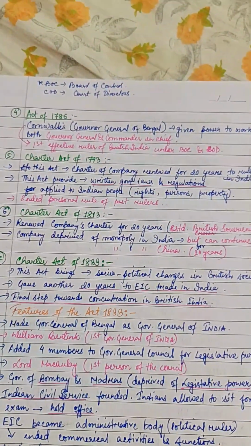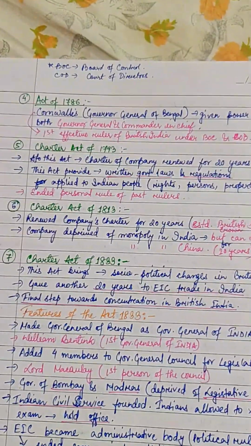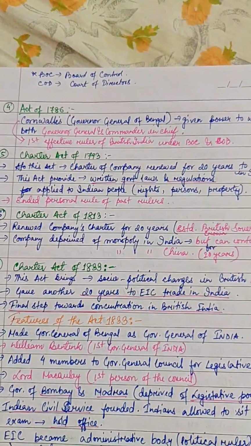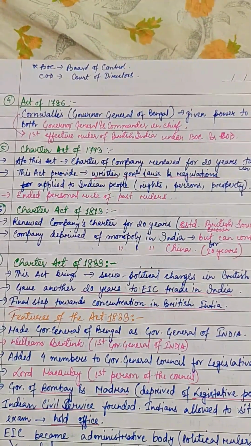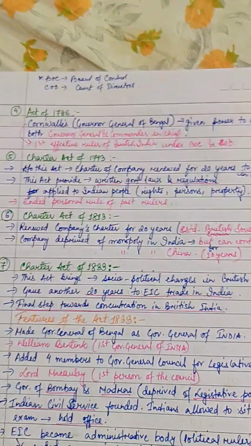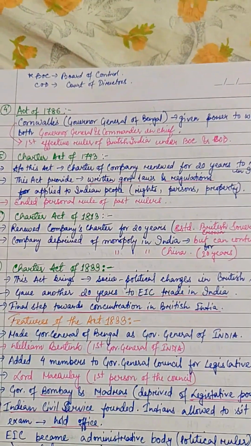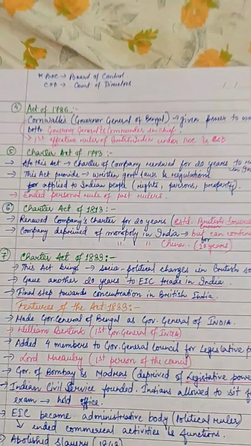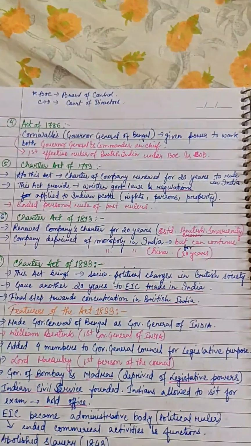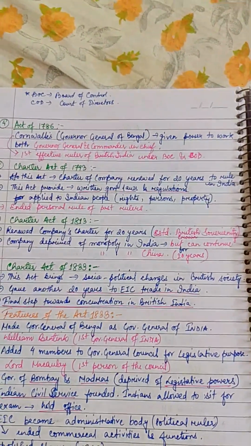Now, this Charter Act is actually a written set of government laws and regulations. When this East India Company started to rule over India, they came for business purposes, and little by little they took control over India and its rulers, and directly took power into their hands. But there were no hard and fast rules that the British East India Company had to follow in order to run a country.